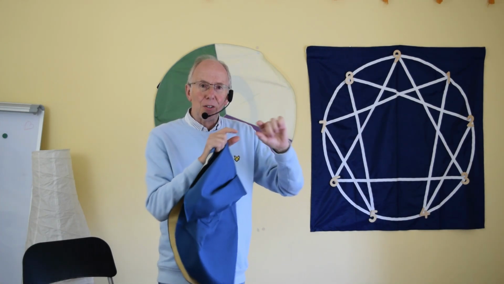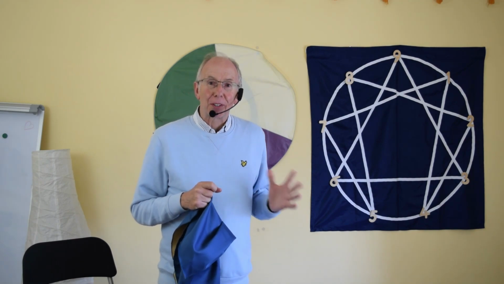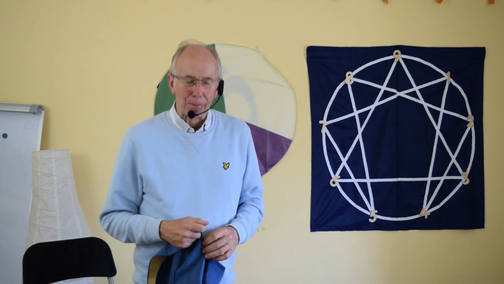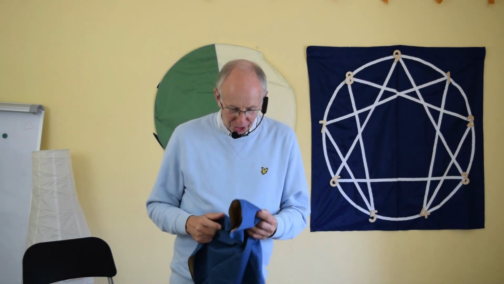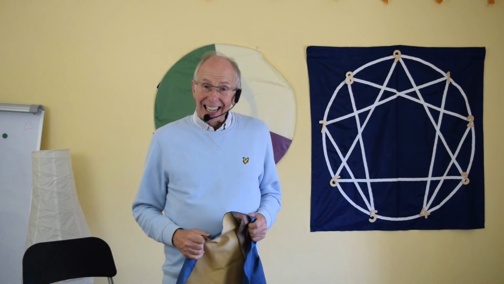Sometimes you pick up equally from each side, sometimes a bit more from one than the other. But that adds a little bit of colour to your particular type, your ways of thinking and ways of behaving.